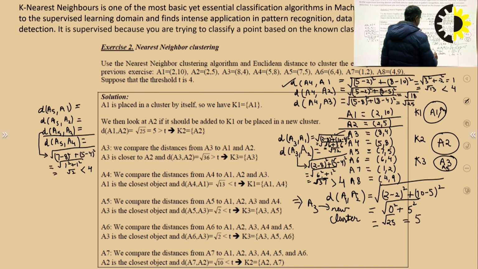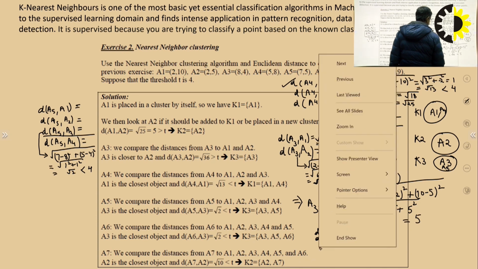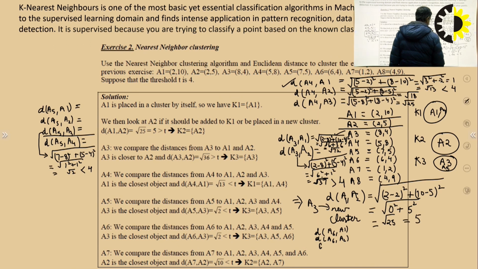So you will be calculating D A6 with A1, D A6 with A2, D A6 with A3, D A6 with A4, and D A6 with A5.